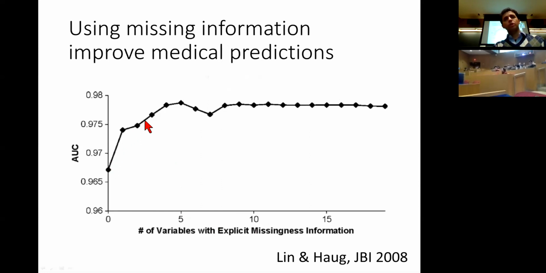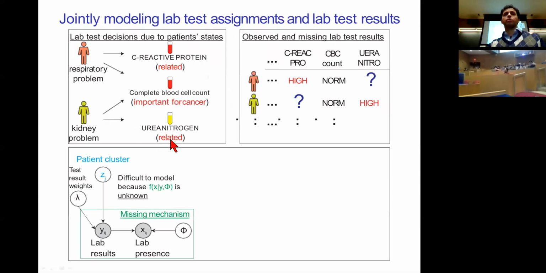You can see here that, up to 5 variables or so, there's continued improvement in the overall prediction based on the area under the receiver operating curve, which basically suggests that indeed modeling the missingness pattern is extremely important.